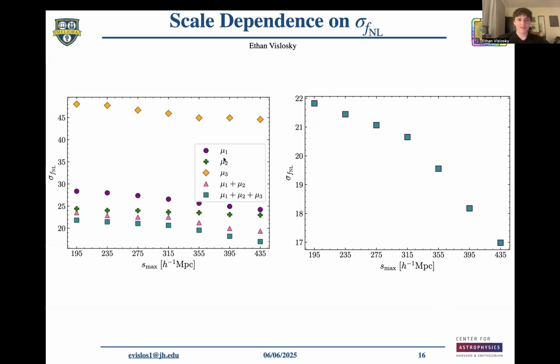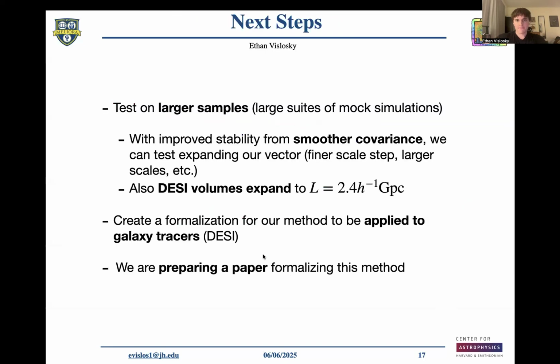And again, another interesting find is looking at this plot on the left. For each of the individual moments, we see the second moment is a bit more stable across scales than the first moment.